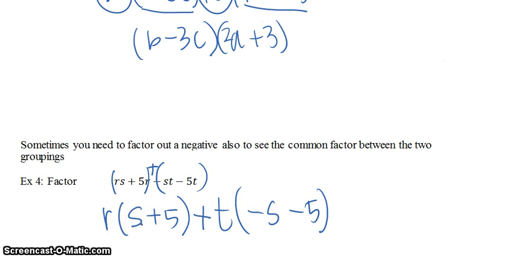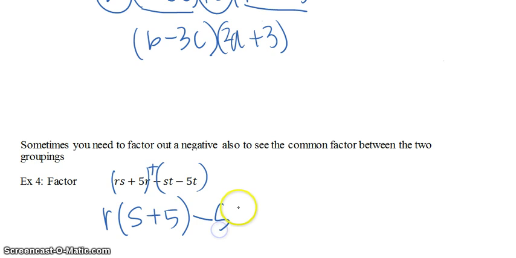We can take out the negative. So we're going to erase this, and I'm really going to be taking out a negative t. If I take out a negative t, times s will give me a negative ts, and a negative t times positive 5 will give me a negative 5t.